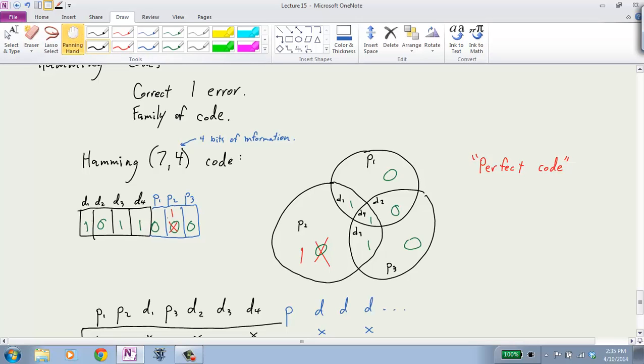So what that means is any code that can correct up to a certain fixed amount of errors, you can, if you abstractly draw the space of all possible 7-bit sequences. This is some crazy space, 7-dimensional, but binary in each dimension. And so all I can do is draw a cartoon picture of it. All right, and I could say, well, we have this space of 7-bit sequences.